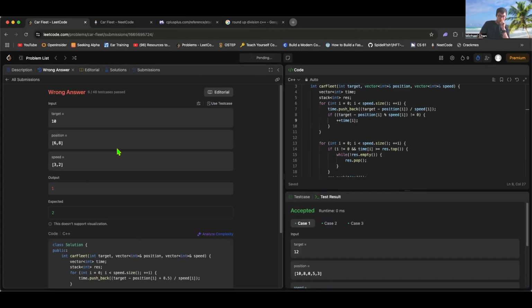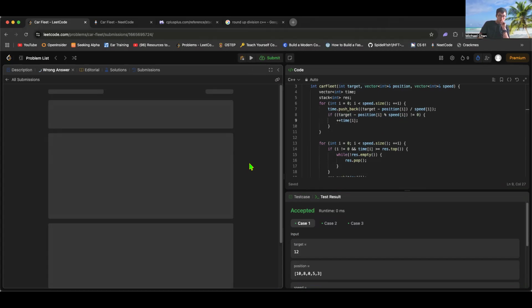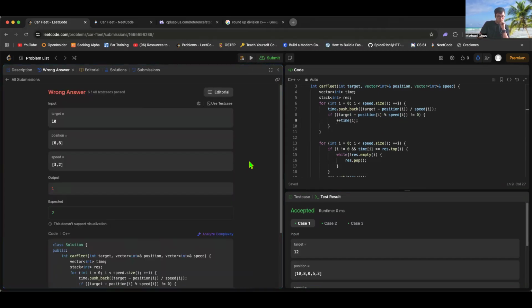It should make this pass as well. Right now it should be 10 minus 6, which is 4, divided by 3 should be 1, but now I make it 2. One. Now the time taken will be 2.